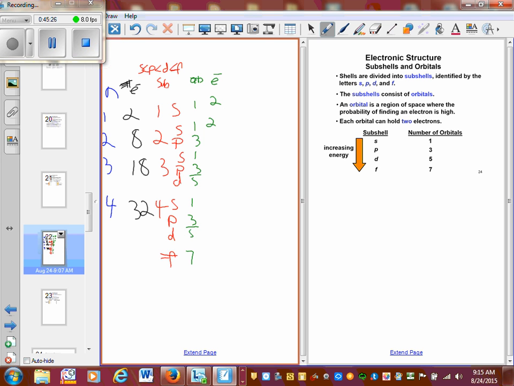So this can hold 6. 2, 6, 5 orbitals times 2, 10. 2, 6, 10, and 14.